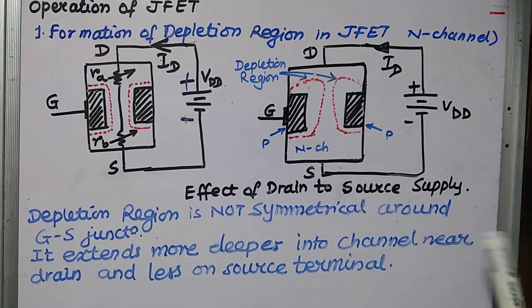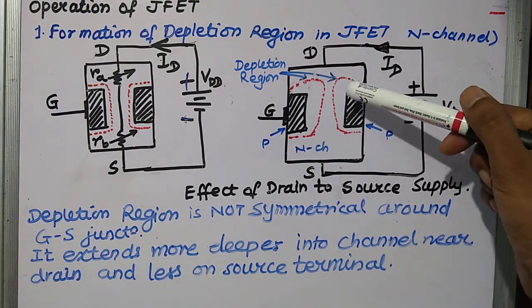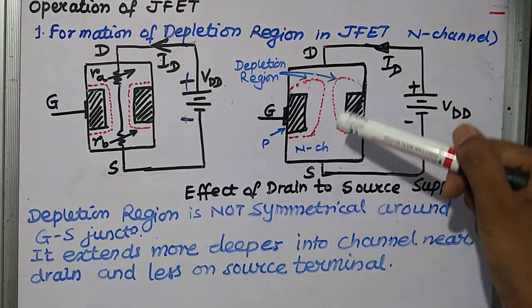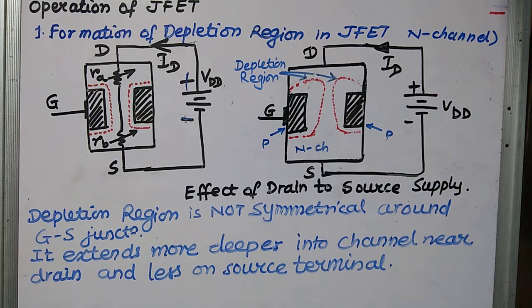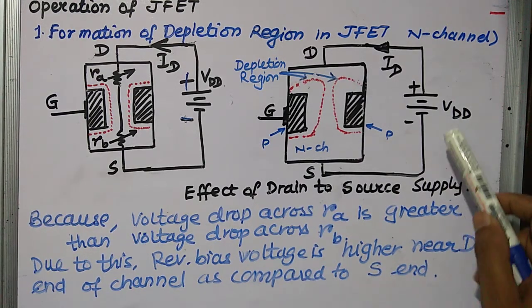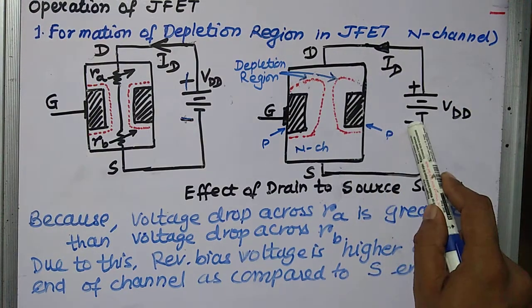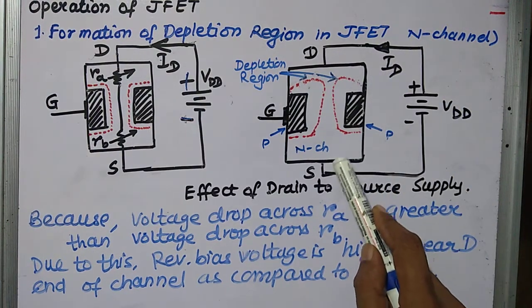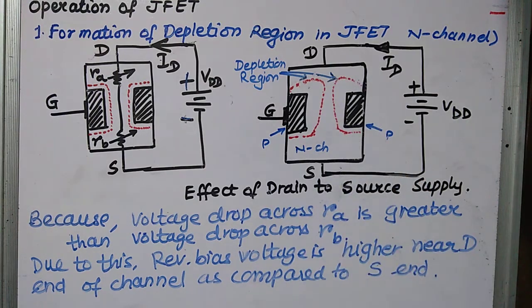Now why is this happening? Why is the depletion region deeper in the channel near the drain and less deep near the source terminal? The reason is very simple. We know that positive is drain, negative is source. Source and drain are both of N channel.